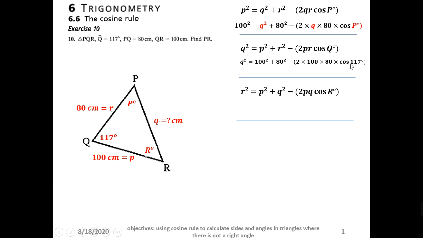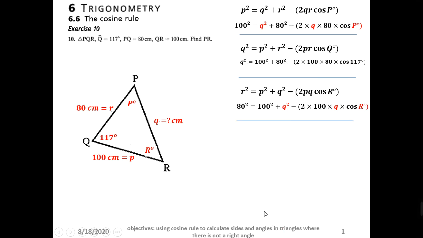So cosine of 117. As you can see here, the only unknown in this formula is Q, which I can just insert into my calculator and find the answer.